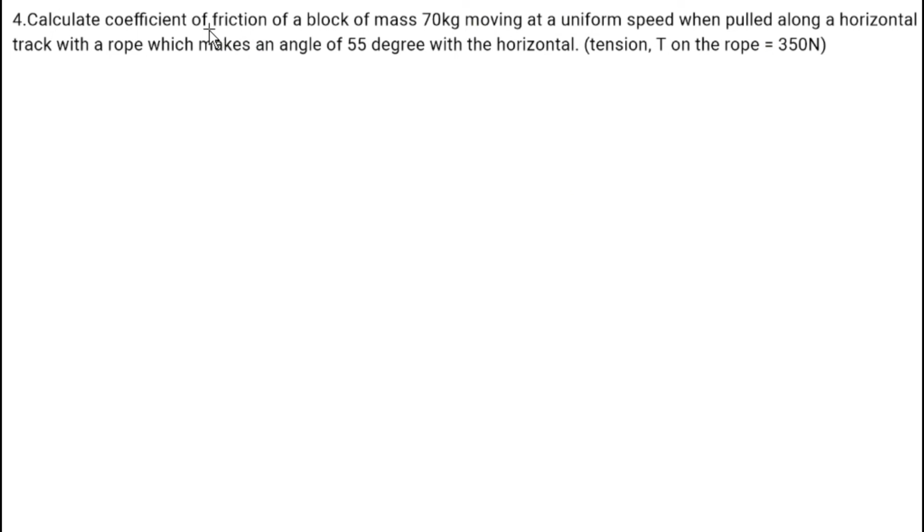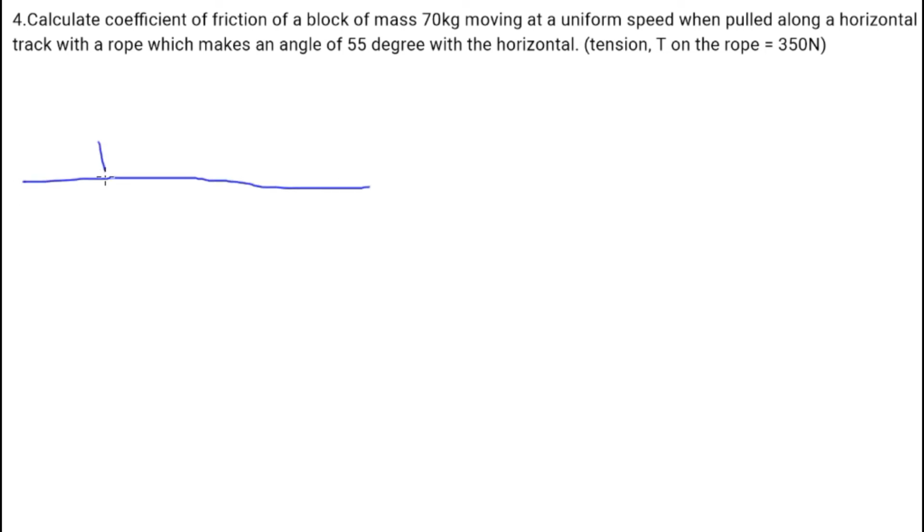Let's solve the next problem. Calculate the coefficient of friction of a block of mass 70 kg moving at a uniform speed when pulled along a horizontal track with a rope which makes an angle of 55 degrees with the horizontal. The tension on the rope is 350 Newton. So let's have the diagram right here.